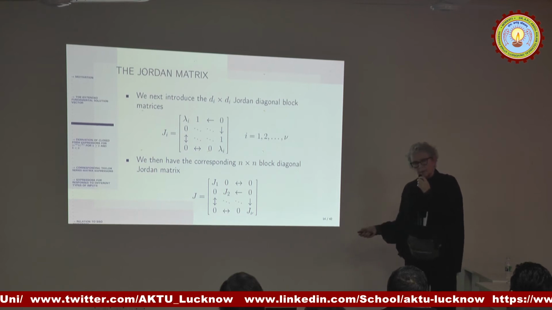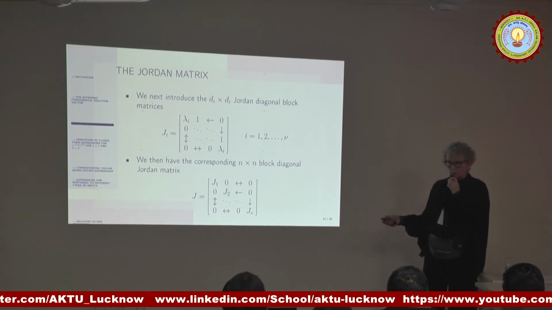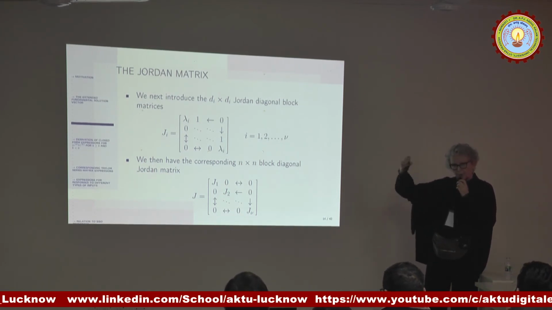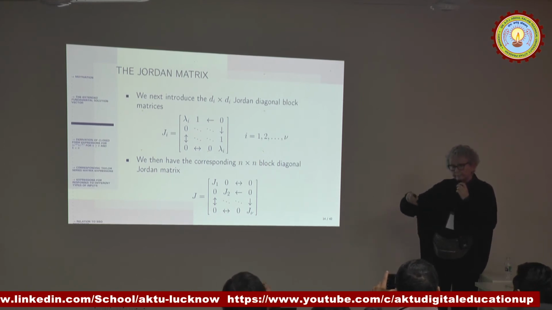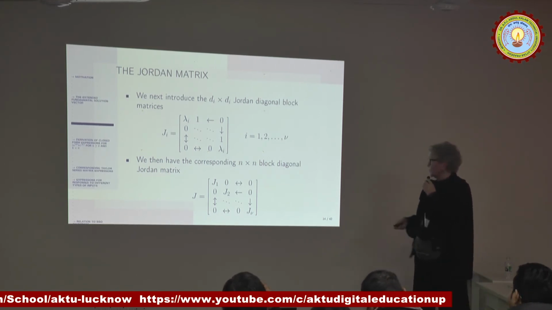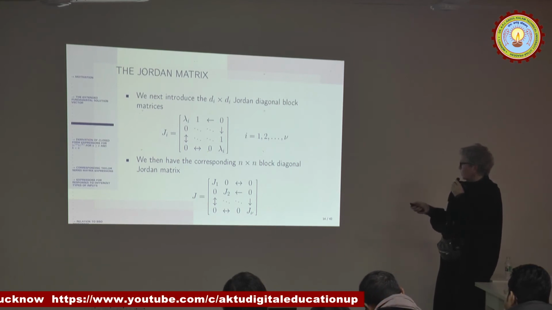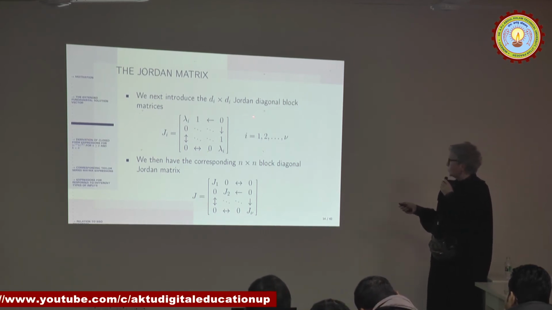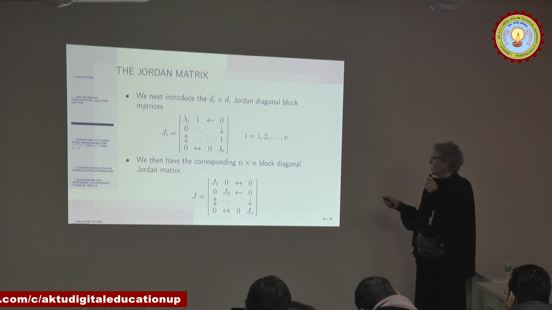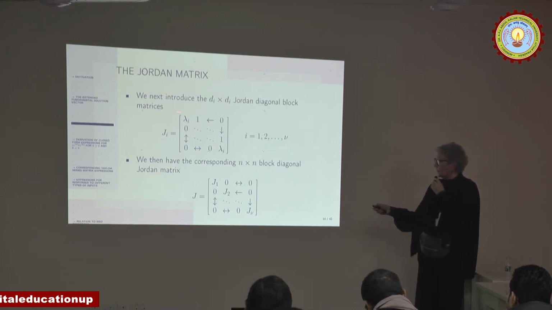Now, we next introduce the Jordan matrix, which is also well known, and that turns out to do the derivatives once we start to do that. So the first one is the diagonal Jordan block matrix. It looks like that.